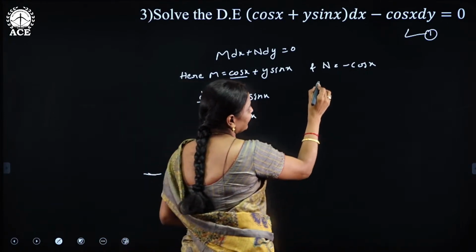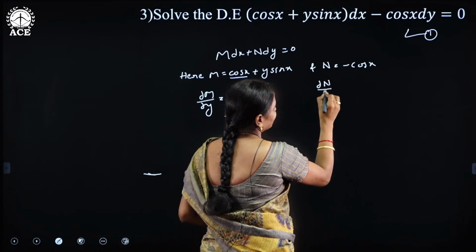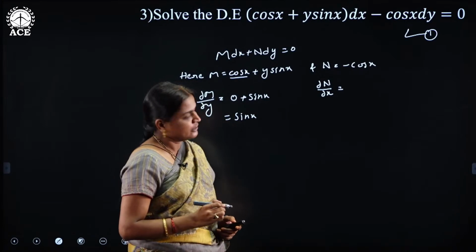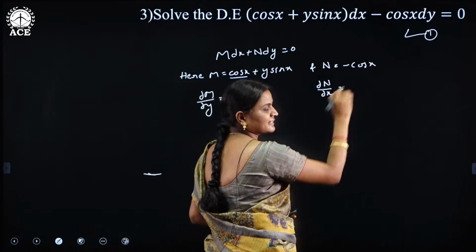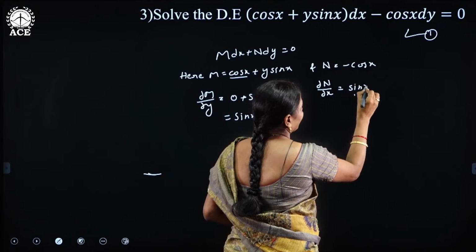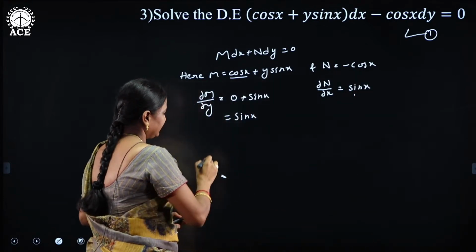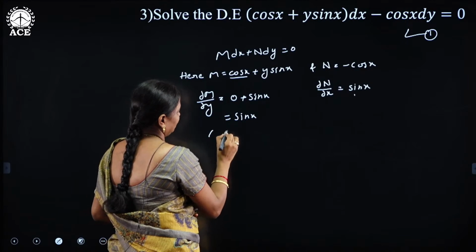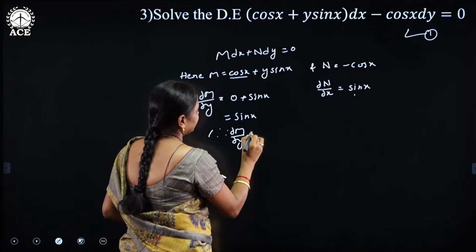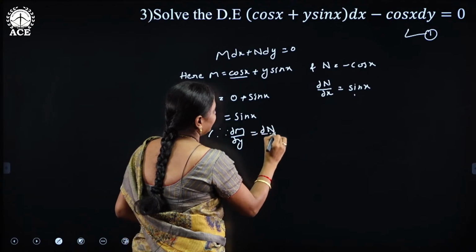Similarly, if we differentiate N with respect to x, differentiation of minus cos x, so minus differentiation of cos x is minus sin x, that is totally sin x. What is the observation? Therefore, dou M by dou y is equal to dou N by dou x.